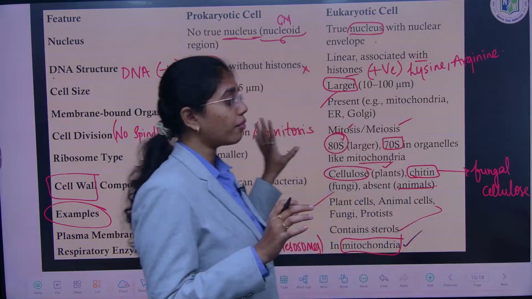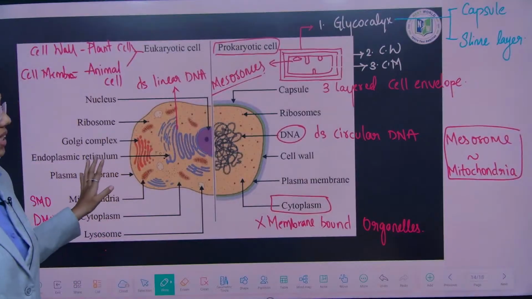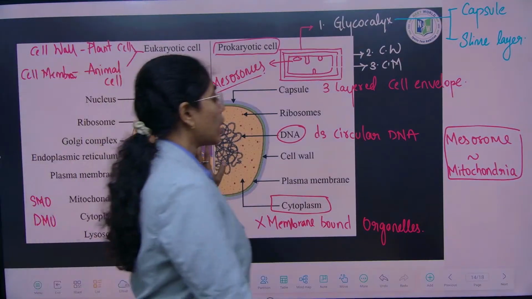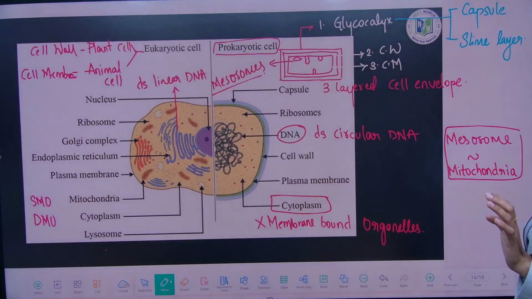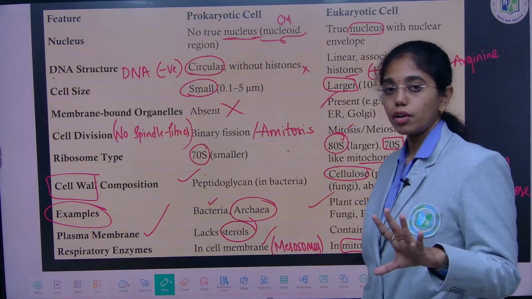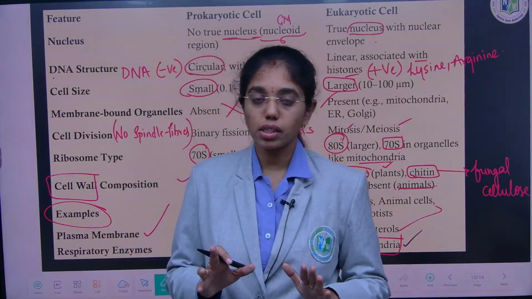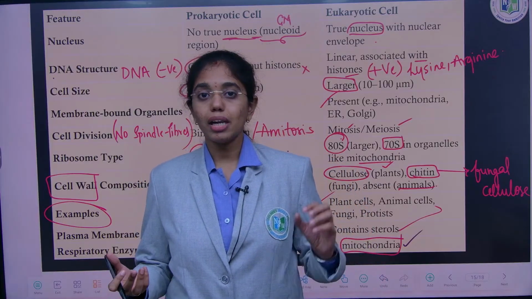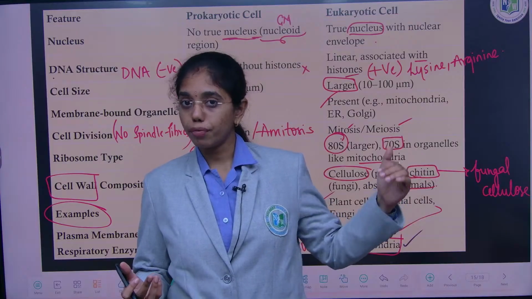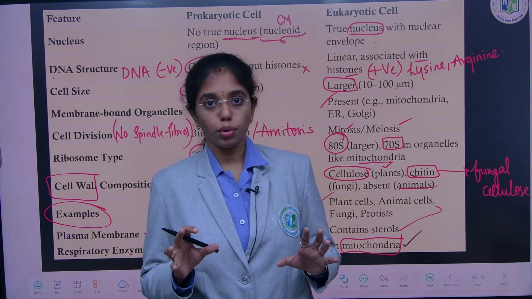Later we looked into the differences between prokaryotic and eukaryotic cells, both in diagrammatic and tabulated form. If these basics are clear to you, the complete study of a prokaryotic cell, a eukaryotic cell, the fluid mosaic model, and the composition of cell walls of different eukaryotic cells will not be much tough for you.